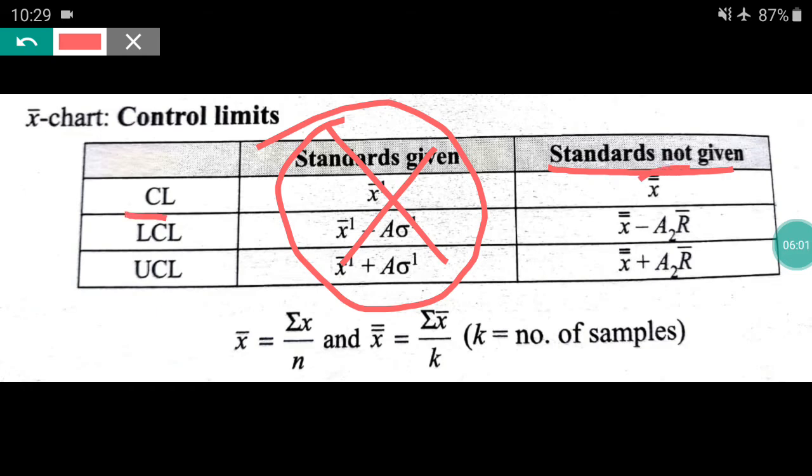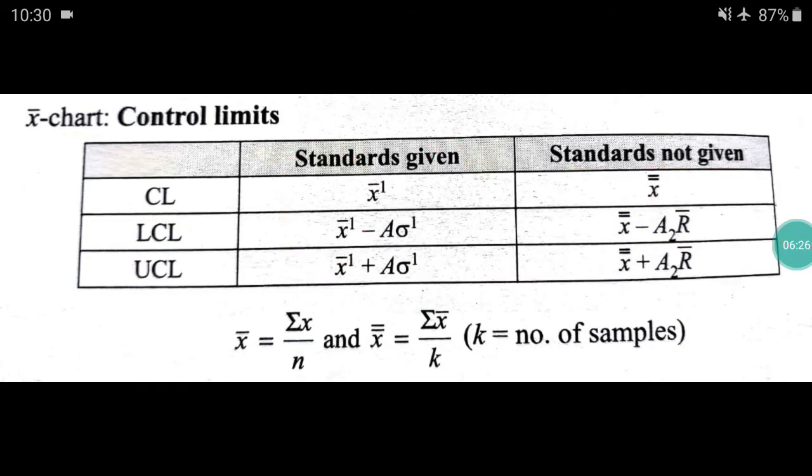First one, CL formula is X double bar. LCL formula is X double bar minus A2 R bar, and last one, UCL, you should add: X double bar plus A2 R bar. After that, how to calculate X bar?